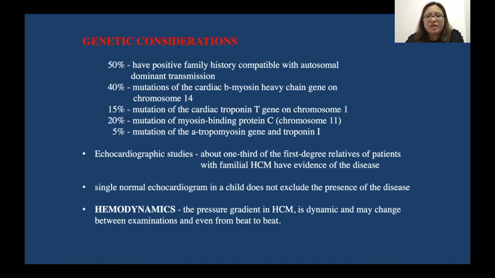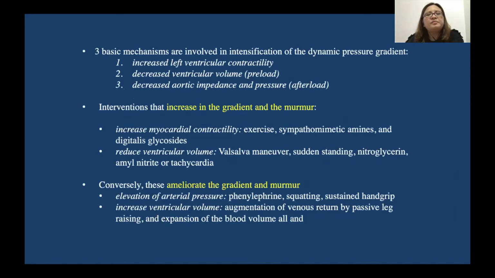So for the hemodynamics, what you can see is a pressure gradient in patients with HCM, and this is dynamic and may change between examinations and even has a beat-to-beat variability. These are the three basic mechanisms involved in the intensification of the dynamic pressure gradient: increased LV contractility, decreased ventricular volume or decreased preload, and decreased afterload.